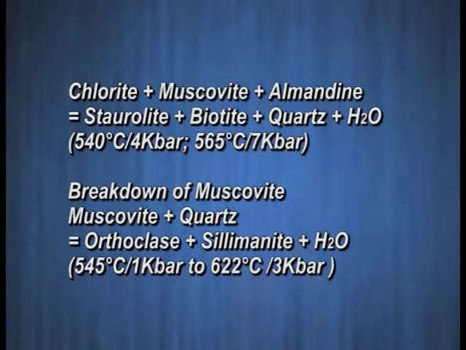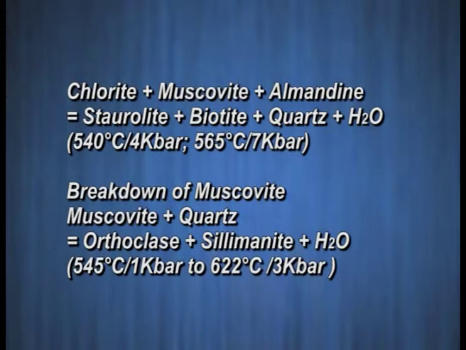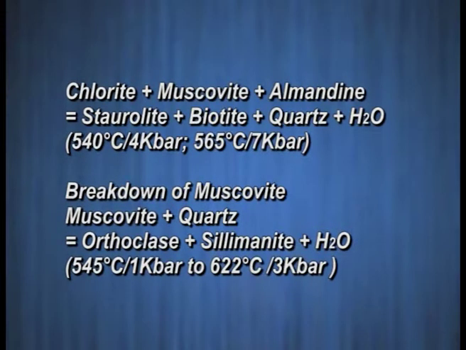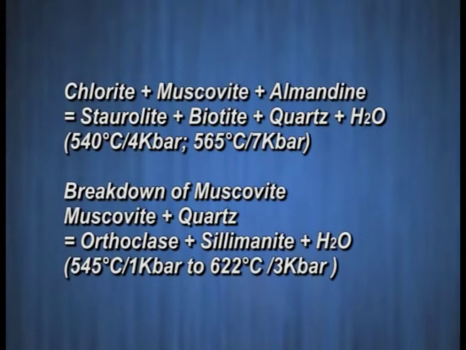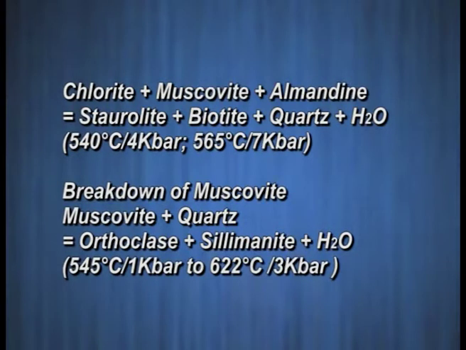phases. On the basis of the important reactions, like staurolite is formed by the reaction chlorite plus muscovite plus almandine garnet giving rise to staurolite plus biotite plus quartz plus water, which occurs at 540 degrees centigrade, 4 kilobar, 565 degrees centigrade, 7 kilobar, carried out by Hoschek 1969.